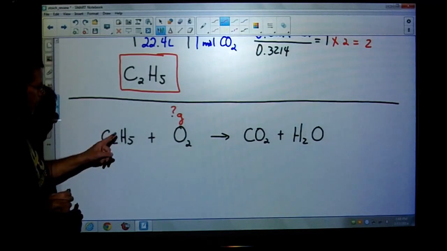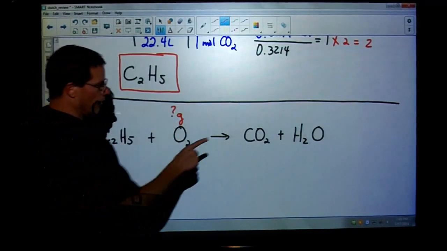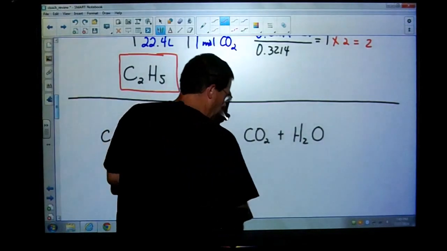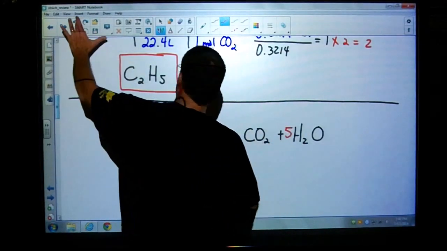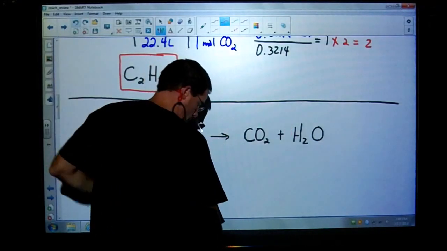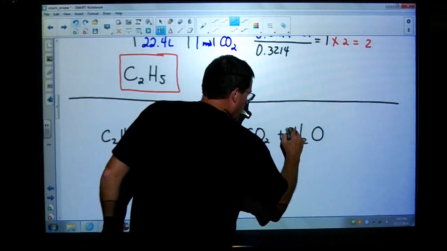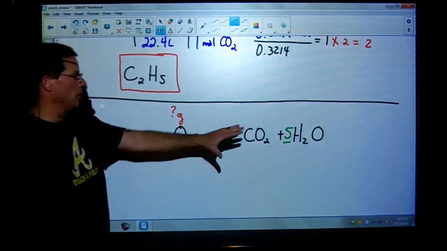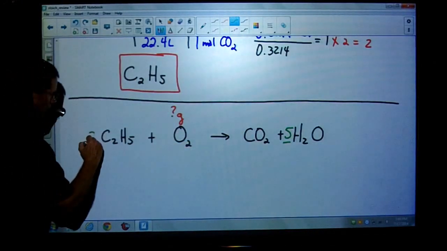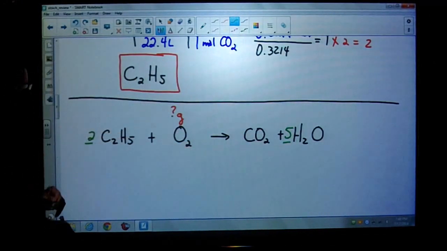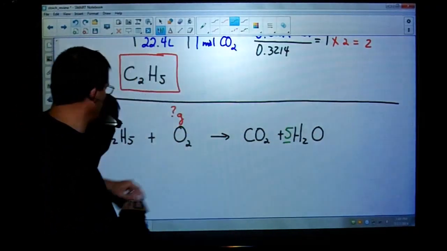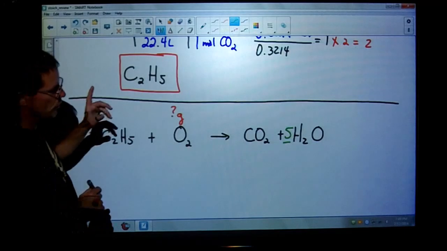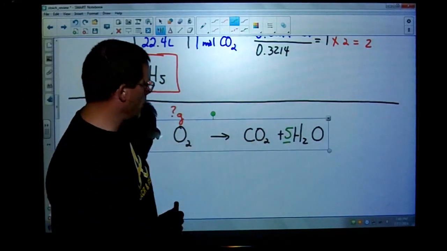Since I have an odd number of hydrogens here and an even number there, I'm going to go ahead and start off by putting a 5 here. Actually, choose a different color. A 5 here. Okay, so that gives me 10 hydrogens, so if I put a 2 here, that gives me 10 hydrogen. I do not have an even number of oxygen, so I need to change that 5 to an even value.